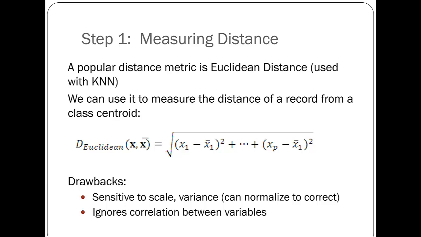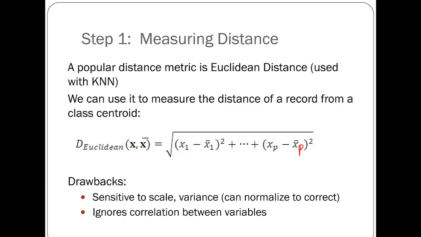The Euclidean distance is one that we've used with some of the other things we've done, k nearest neighbors, for example. And this is like Pythagoras' theorem for a right triangle. And if you have multiple dimensions, then you can see that formula, although this should be a p, x sub p bar.